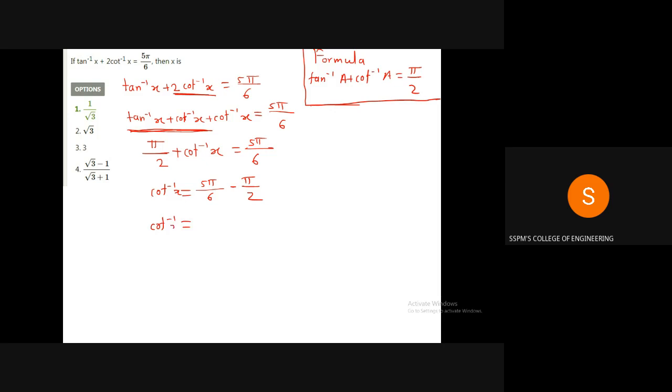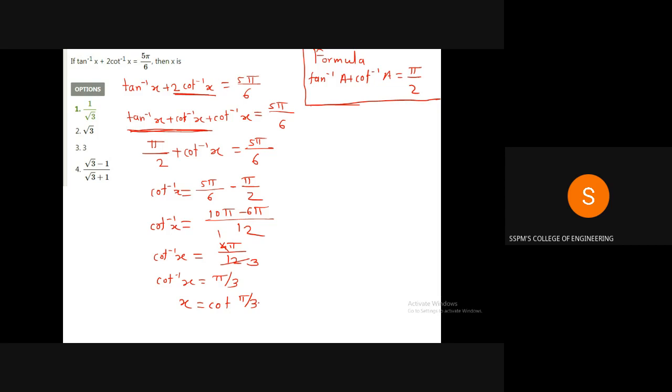Their subtraction can be given by 10 pi minus 6 pi divided by 12, that is 4 pi divided by 12, which is equal to pi by 3. So cot inverse x is equal to pi by 3, which means that x is equal to cot pi by 3.